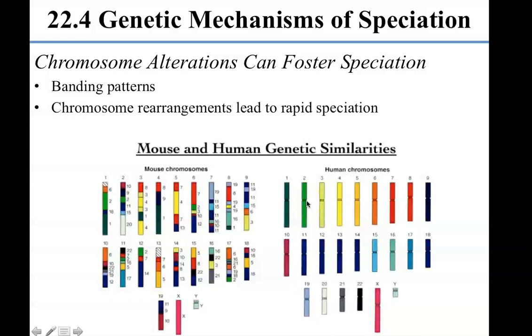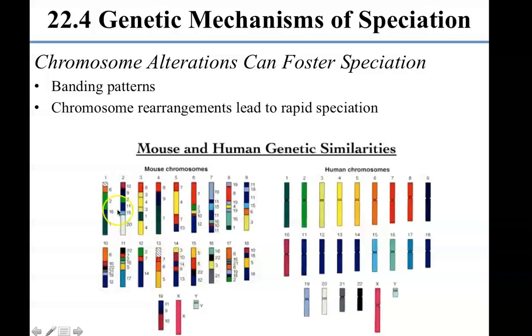When you look at a mouse, you can see a couple of things. One, it has 19 autosomes, whereas we have 22. So mice are different from humans. Why? Well, one reason is they have different numbers of chromosomes. This would confirm that humans and mice are separate species, so we're not genetically compatible because of the different number of chromosomes.